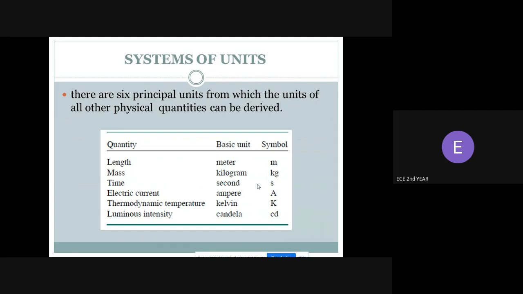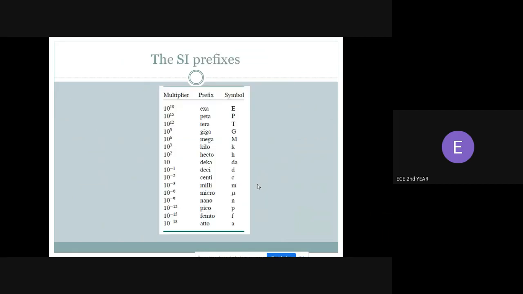Also in SI units, we need to understand the prefixes. These are some prefixes we need to know before entering into the subject. Each has a multiplier, a prefix, and a symbol.